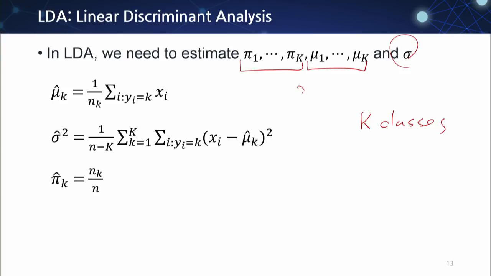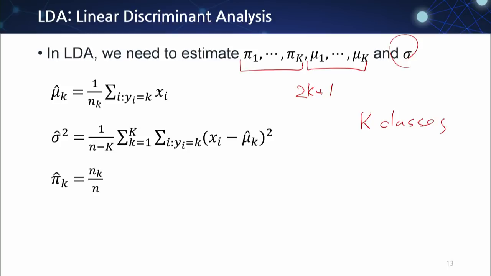In total, 2K plus 1 parameters. As we discussed before, we may want to use least squares or the maximum likelihood approach to find these parameters. However, a simpler approach also works.